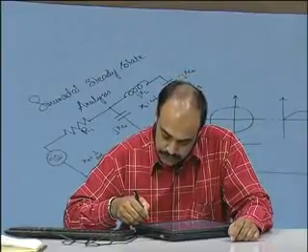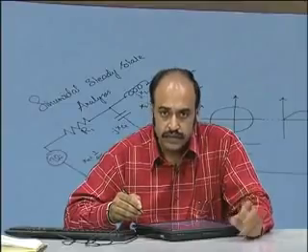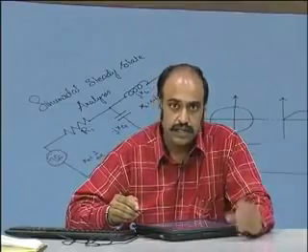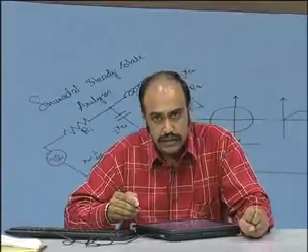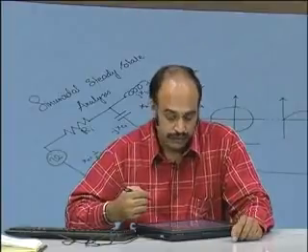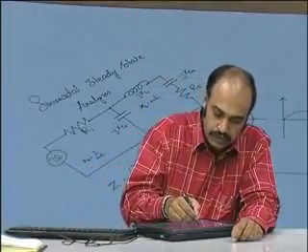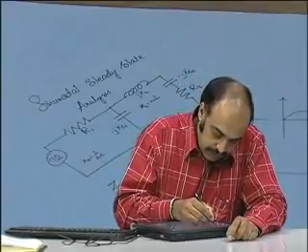Now, we have two major dynamic components, which is the capacitance and the inductance in the electrical circuits. The capacitance which is storing the potential energy and the inductor which is storing the kinetic energy by virtue of the flow in it. So, let us consider first the capacitance.